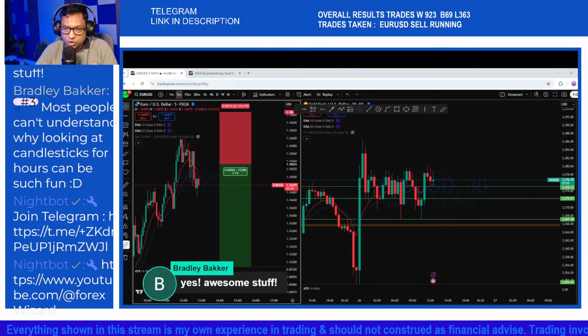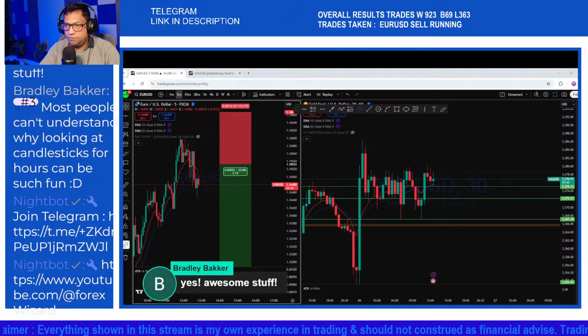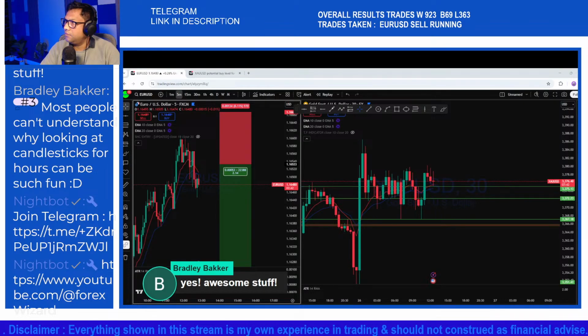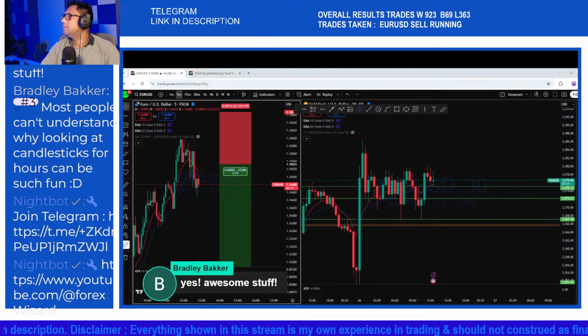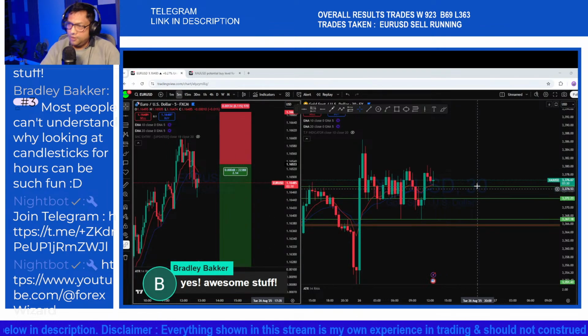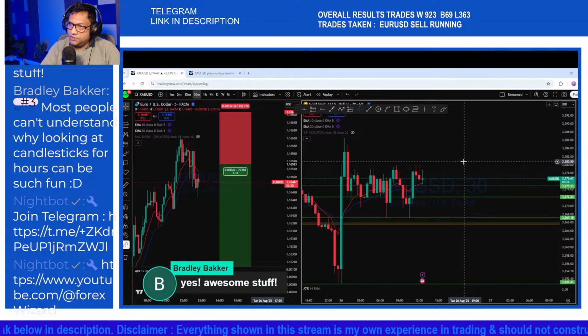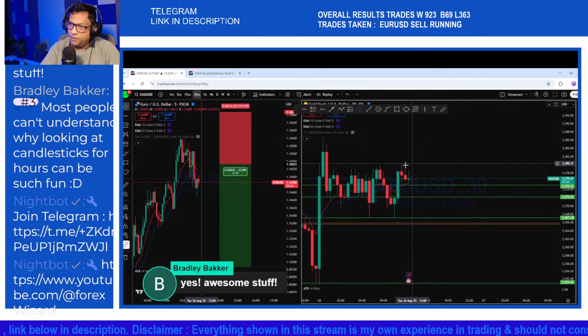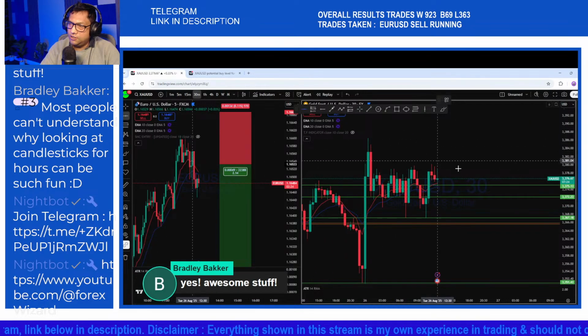Okay, so the market slowly break that low here, which is expecting. Okay, so here, 30 minutes perspective, if you look at the resistance here, what do you see?